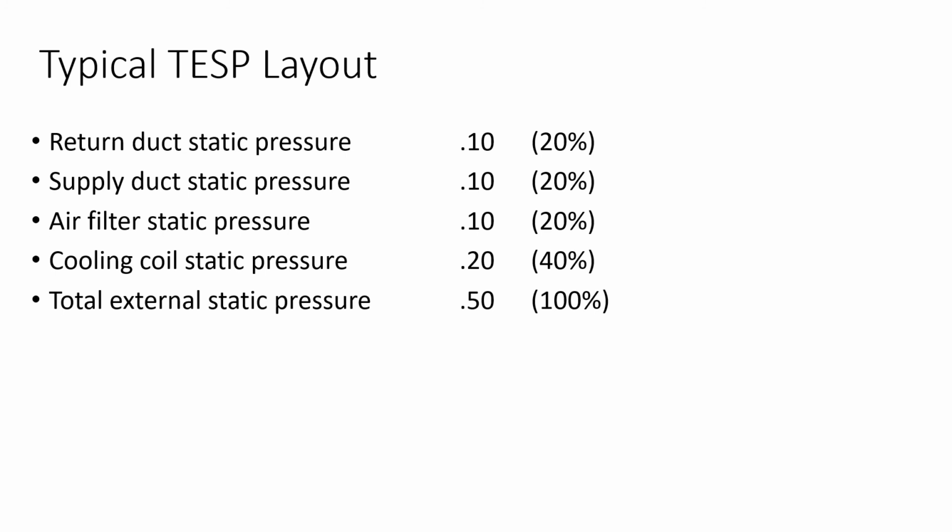On our supply side, we would be measuring the cooling coil and the supply duct static pressure, which 0.20 plus 0.10 would give us 0.30. So you'd have 0.20 on the return, 0.30 on the supply. That would then net us out to our 0.50 external static pressure.